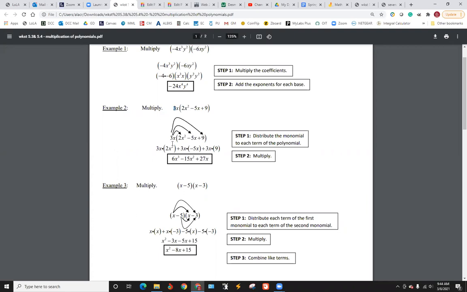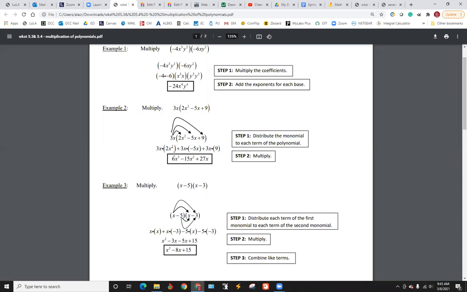That means we're multiplying, like these arrows show, 3x times the 2x squared, the 3x times the -5x, and the 3x times the 9. They're showing you all those little steps in there. Again, there's not really any need for the dots there. If you've got the parentheses, those would be the same thing. It doesn't hurt, though.